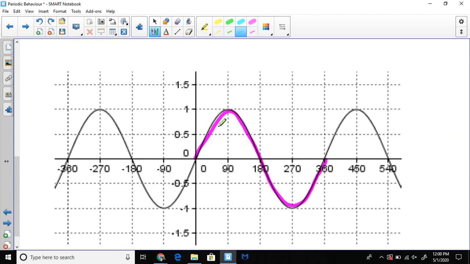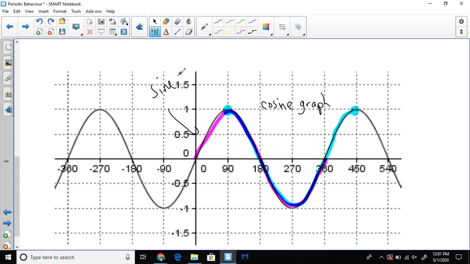However, maybe you pick this. You say, what if I draw this? And now this blue graph, what is this blue graph? Well, this blue graph is a cosine graph, whereas the purple one is a sine graph.